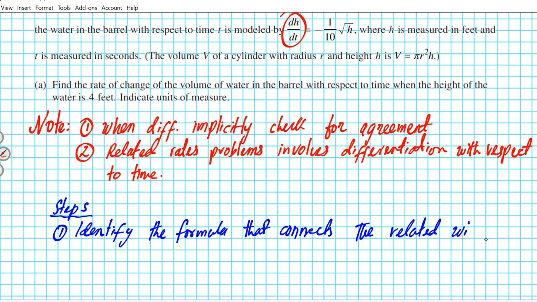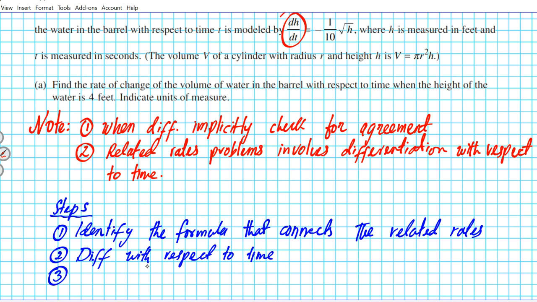And then after you identify the formula that connects the related rates, you basically differentiate it with respect to time, okay? Don't forget to check for agreement. When you're dealing with related rate differentiation, there's going to be disagreement with every variable, so that's just something to keep in mind, all right?